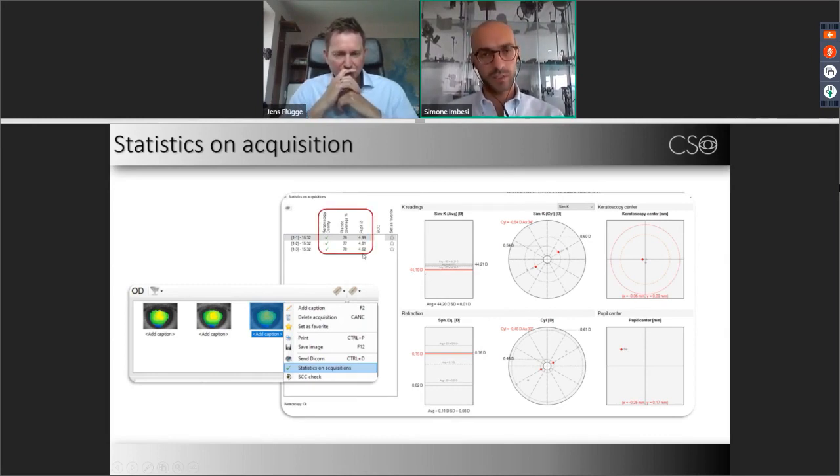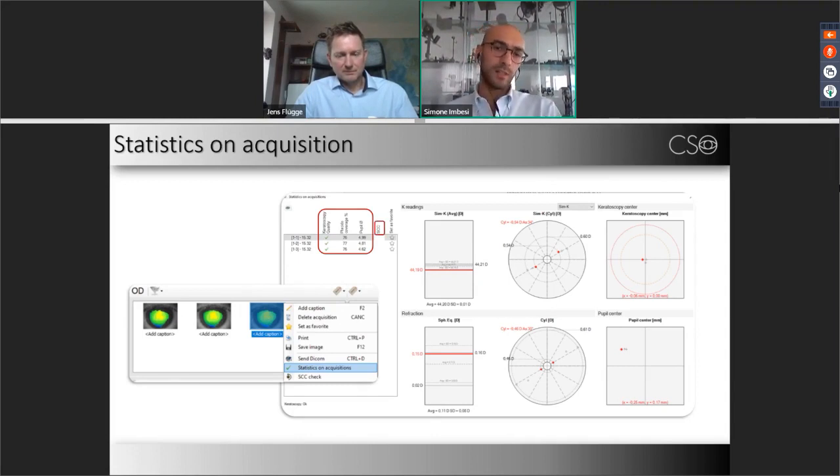The first thing that this report gives is some information about the quality of the keratoscopy, so whether you had a good tear film or not. The second piece of information is the placido coverage, which, as we said, is really important, and information about the diameter of the pupil, which is important for aberrometry, because the larger the pupil, the more information we can get from the total aberrometry.